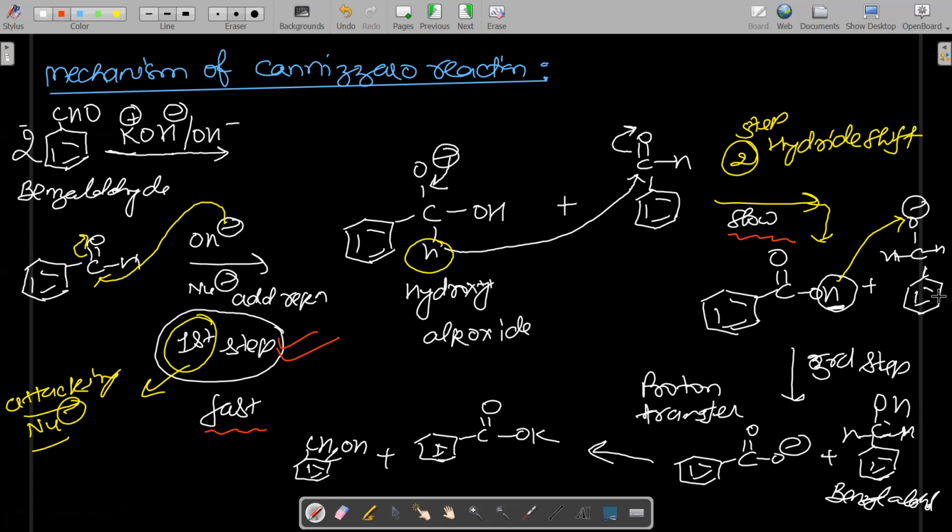In the third step, proton transfer occurs: the H plus from the carboxylic acid shifts to this negatively charged O minus, and we get the final product as an alcohol, and K plus attaches to this O minus to form COOK. So this is the simple mechanism of the reaction.